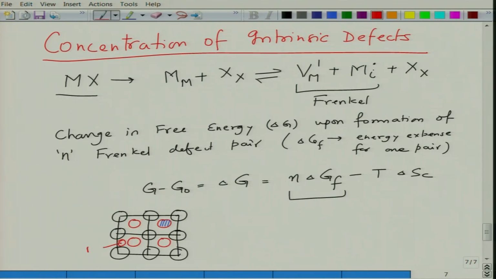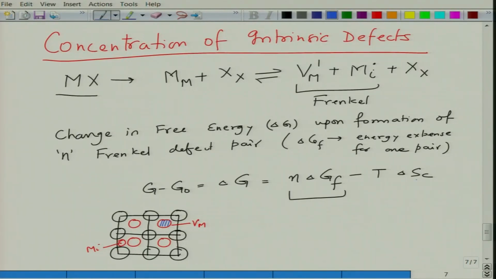So, this will be M_i, this will be V_M, but now where can you put it? The configuration has changed. It does not need to be here, it can be somewhere else. So, there are various possible configurations. As a result, your configurational entropy will change. So, delta Sc basically represents the number of ways in which you can arrange these species, and this is actually positive in nature.